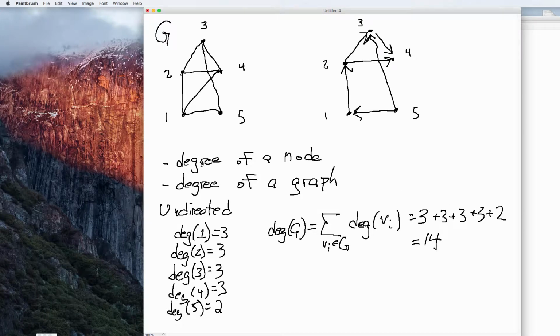So over here we would say that we have the individual degrees of the individual nodes, and then we have the total degree of the graph.